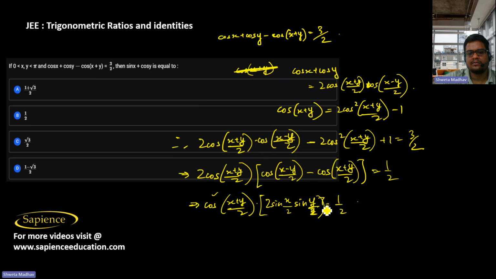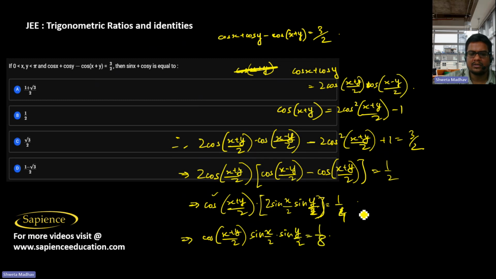That is equal to 1 by 4. So therefore cos of (x plus y) by 2 into sin x by 2 into sin y by 2 is equal to 1 by 8.